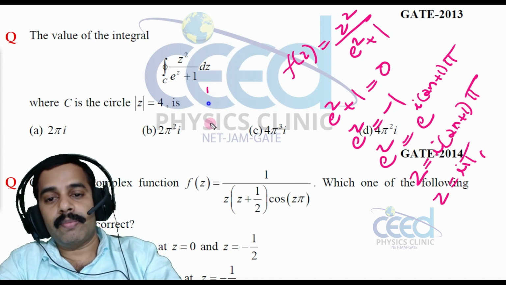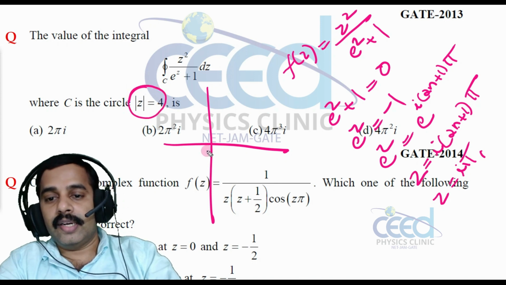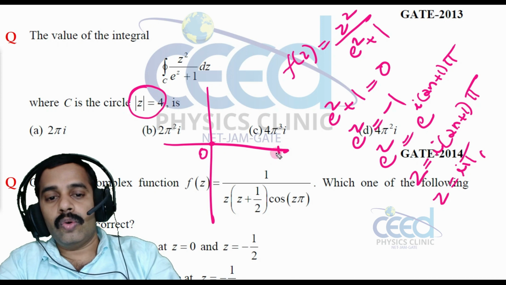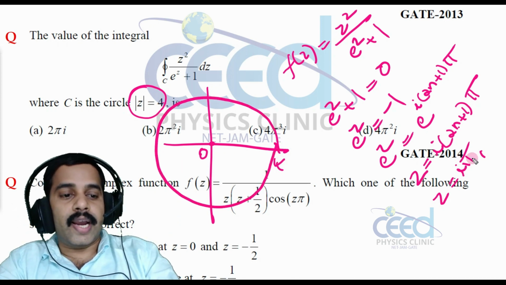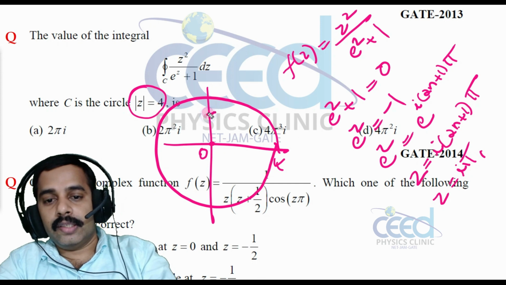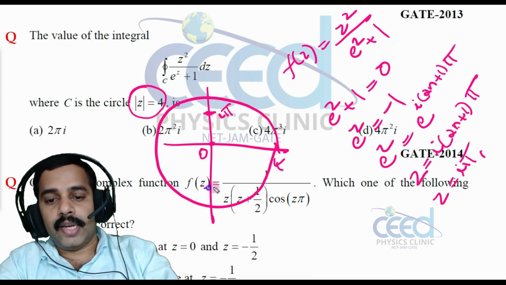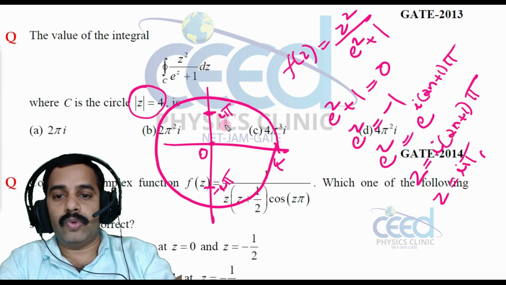Because if I am considering a circle, here the condition is center is 0 and radius is 4. If I draw a circle with radius 4, now this i pi, that is 3.14, is inside this circle, and minus i pi is also inside this circle. So these are the poles corresponding to this situation.